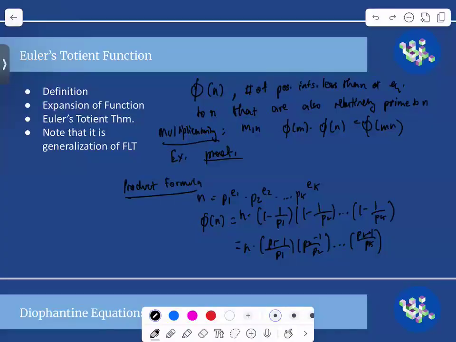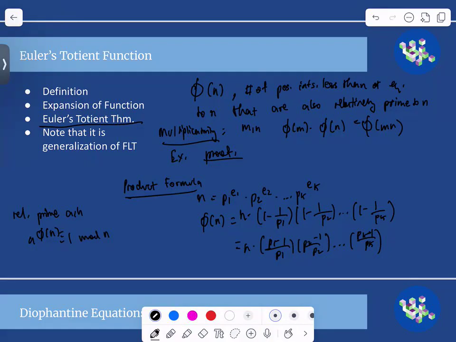And then there's this theorem called Euler's totient theorem, and that states that for relatively prime a and n, a to the phi of n is congruent to 1 mod n. And this is actually a generalization of Fermat's theorem, which states that a to the p minus 1 is congruent to 1 mod p, that I covered earlier.